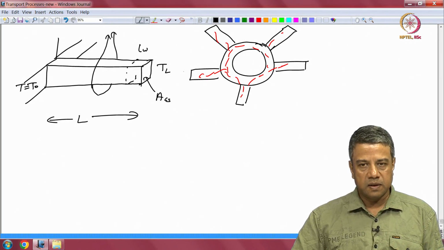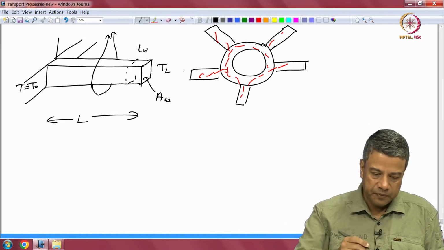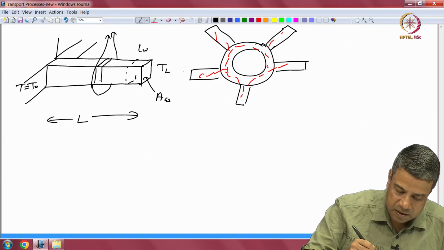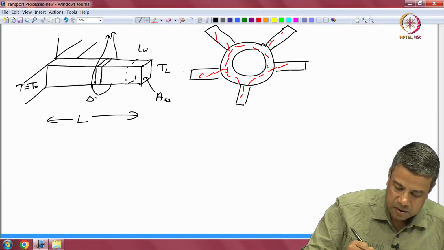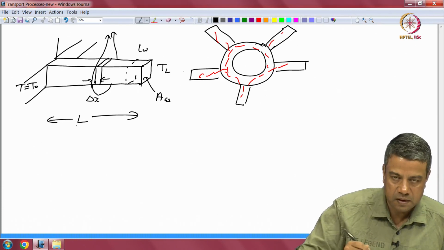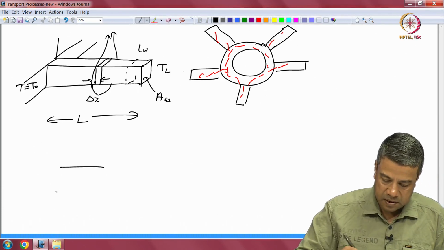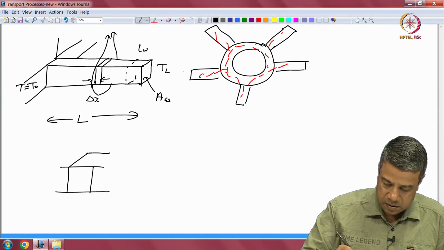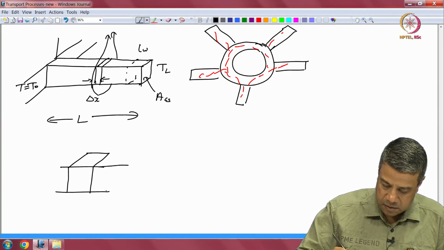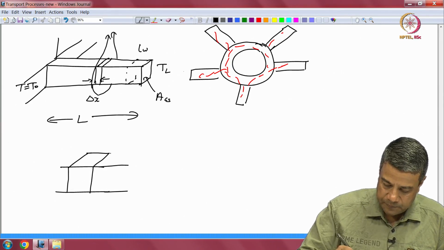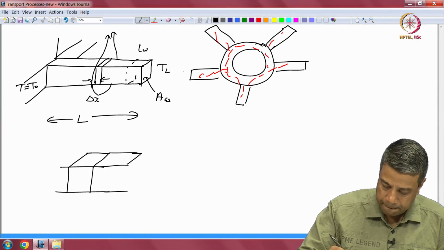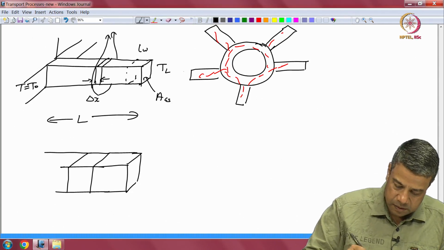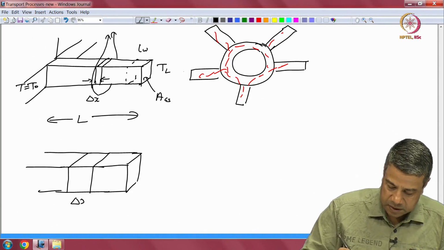In this case, I can do a differential balance locally. I take a small thickness delta x. So, if I expand it out, this is the tube, and this is delta x.